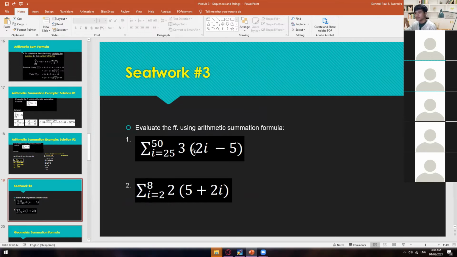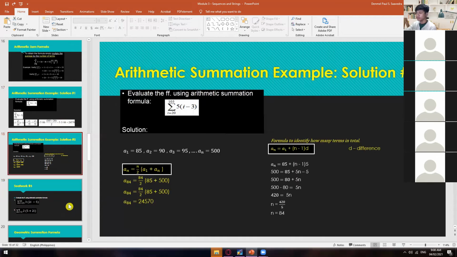So here's the formula: 3 times 2i minus 5. And for number 2, starting from 2 to 8, identify the summation if we have this formula: 2 times 5 plus 2i. Okay, so you can either use this one or this one.